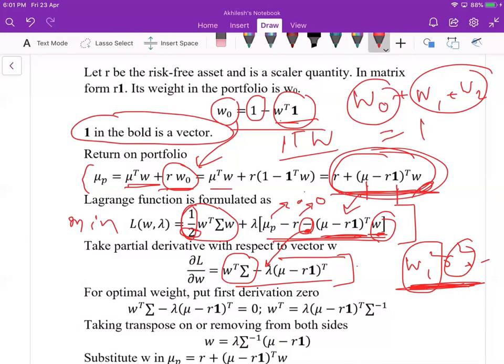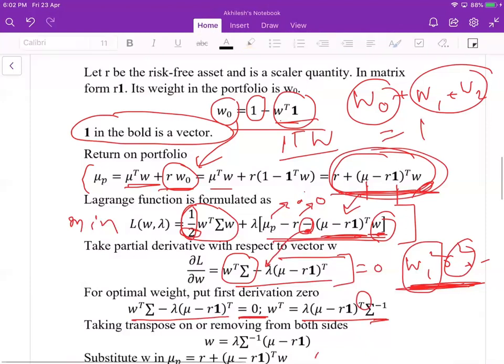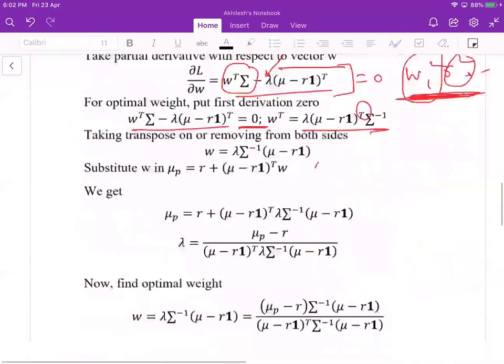You can find the inverse of the matrix. There are a number of ways you can find the inverse of a matrix. So W transpose is this. When you remove the transpose on one side, you will do the transpose on the other side. Okay, transpose of the matrix. So lambda into sigma inverse, the transpose from this will vanish. So W is equal to the optimal weight. The optimal weight is now given by this formula. This is the optimal weight.